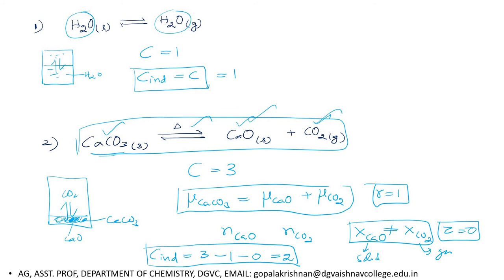It requires a lot of practice, right? Otherwise it is very difficult to find the number of components in a system. Most students will struggle in identifying the number of components in the system, because they did not have proper practice in identifying the number of components.